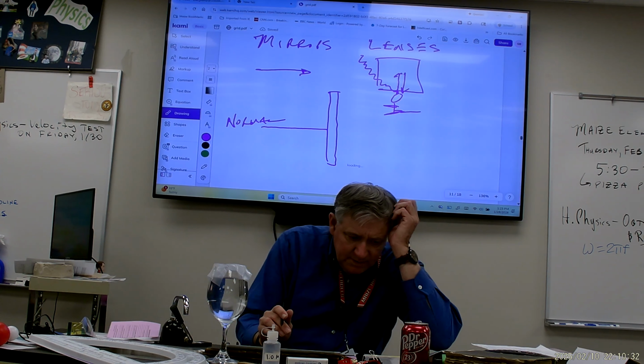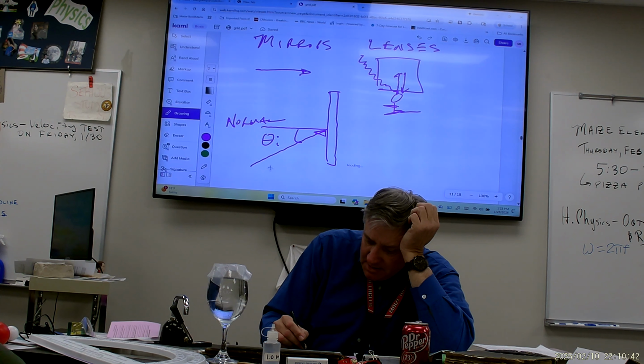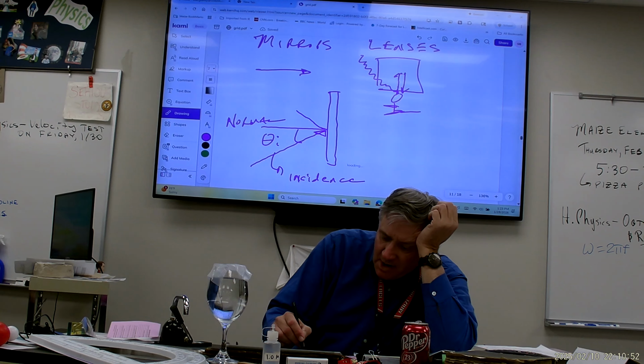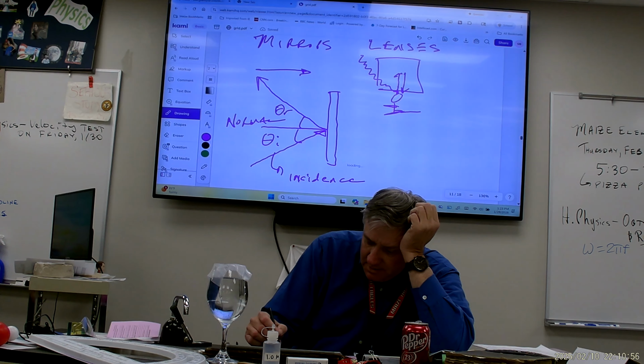So we're going to assume that this is your incoming line, and this is what's known as theta I, where the I stands for incidence. And then off of that you have theta R, the angle of reflection.